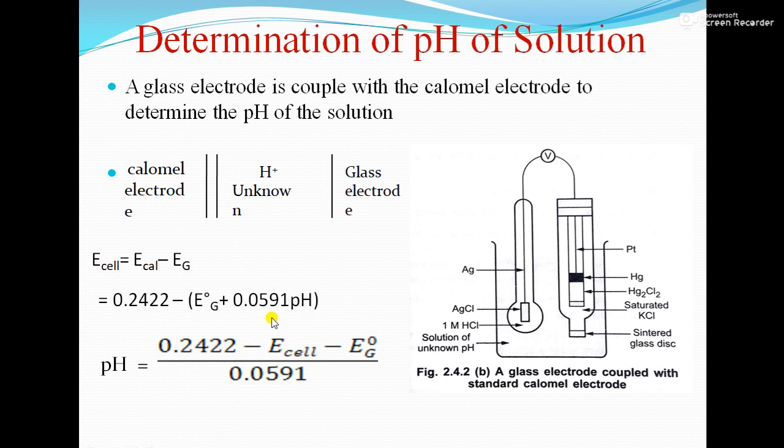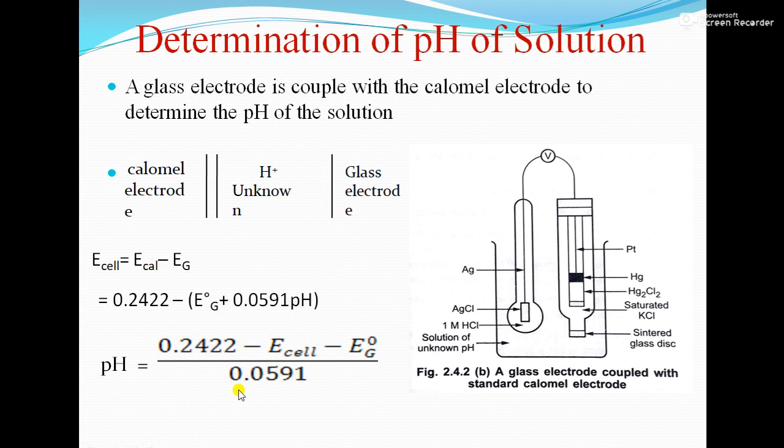After that we want pH, so this will go to the other side. This will be minus, this will be minus, so this side will go to this side, that will become plus, thus E cell will come to this side, so that will become 0.2422 minus E0G minus E cell, and then the 0.0591 comes to the other side, so here it is multiplied, this side it will go to the denominator.